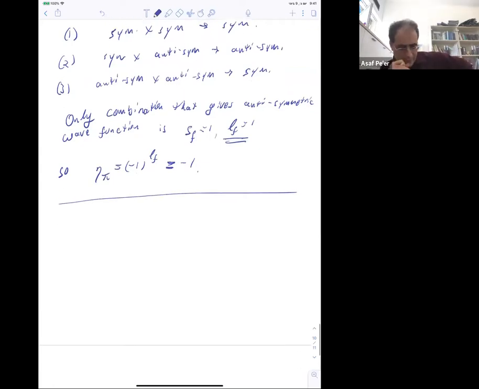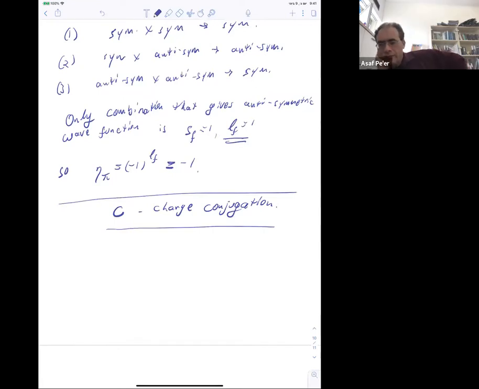But let's continue. I told you I want to discuss two symmetries. One was the parity, and the second one is charge conjugation. So C stands for charge conjugation. Basically, charge conjugation is an operator that turns a particle into an antiparticle, and vice versa, of course.